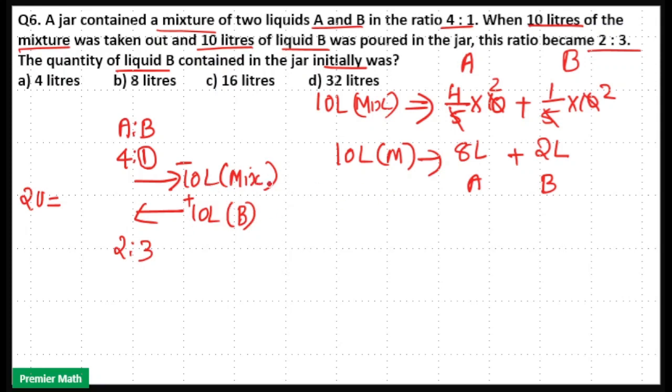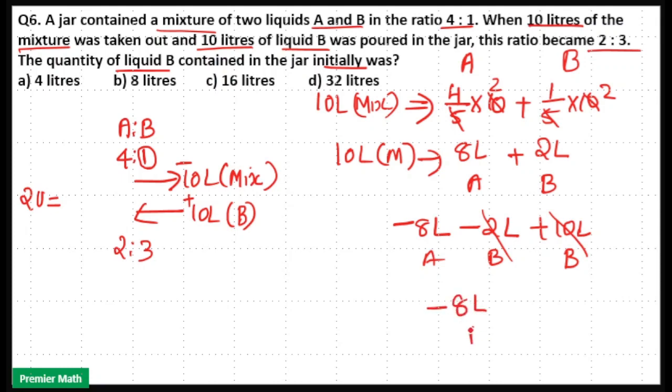This is the first process. In the first process, 8 liters of liquid A and 2 liters of liquid B are taken out. And in the second process, 10 liters of B is added. So when you cancel this out, this becomes minus 8 liters A and minus 10 plus 2, that is 8 liters B added.